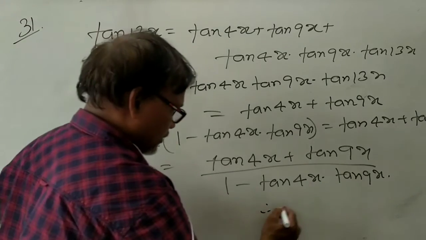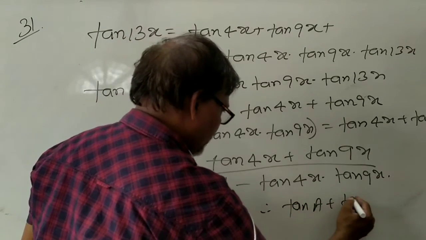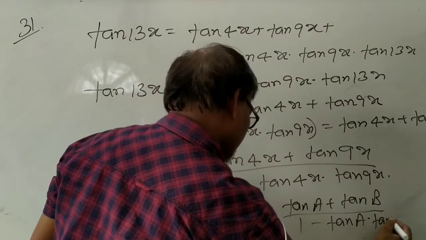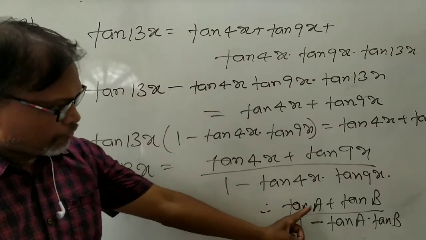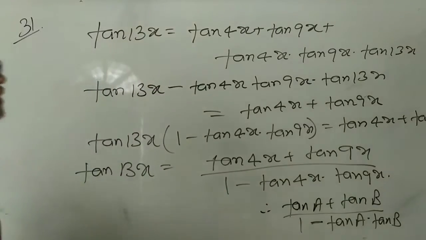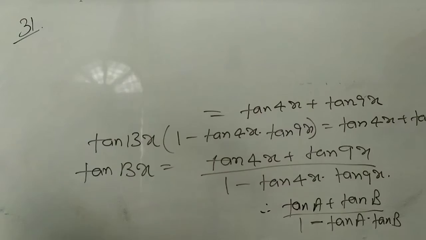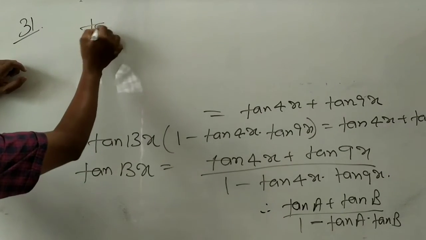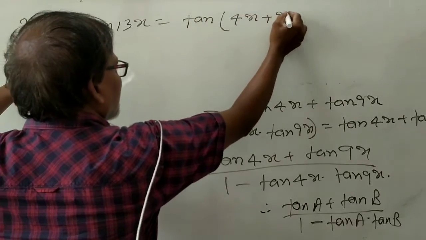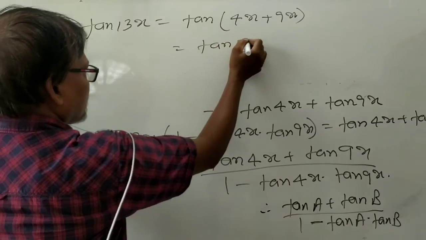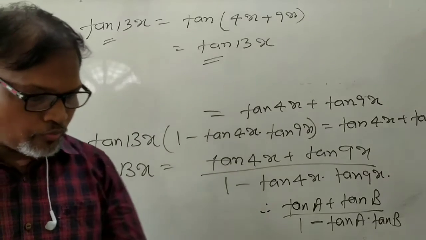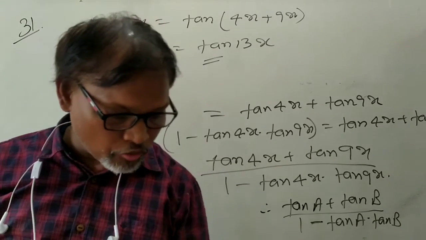Tan A plus tan B upon 1 minus tan A into tan B. If A is equal to 4x and B is equal to 9x, then this is equal to tan A plus B. So tan 13x is equal to tan of 4x plus 9x, which means tan 13x. So both sides are equal. This is the way to find the solution in the shortest way.